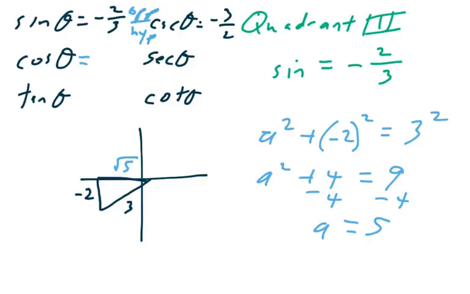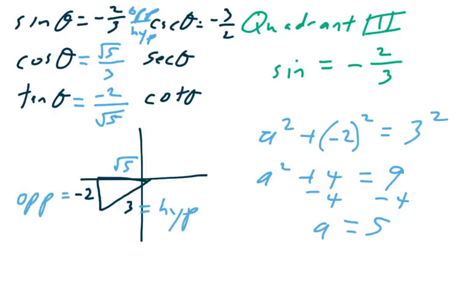Now that I have my triangle all set up, the cosine is the square root of 5 over 3, and the tangent, which is the opposite over the adjacent, is -2 square roots of 5. There's the hypotenuse, there's the opposite, there's the adjacent. The secant is 3 over the square root of 5.